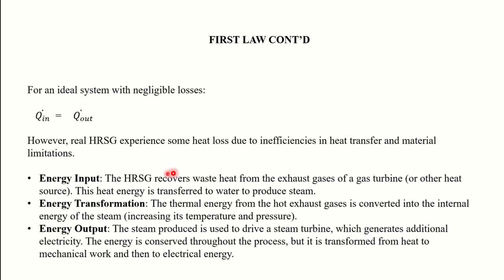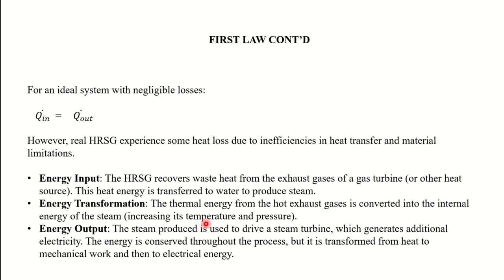This shows how important HRSG is in chemical engineering. Energy transformation. The thermal energy from the hot exhaust gases is converted into the internal energy of the steam, thus increasing its temperature and pressure.